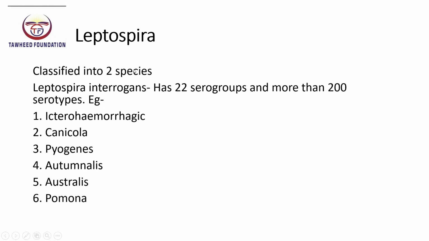Leptospira classification. It is classified into two species. Pathogenic leptospires are grouped under Leptospira interrogans, which includes 23 serogroups and over 200 serotypes. Examples include Icterohaemorrhagiae, Canicola, Pyrogenes, Autumnalis, Australis, and Pomona.